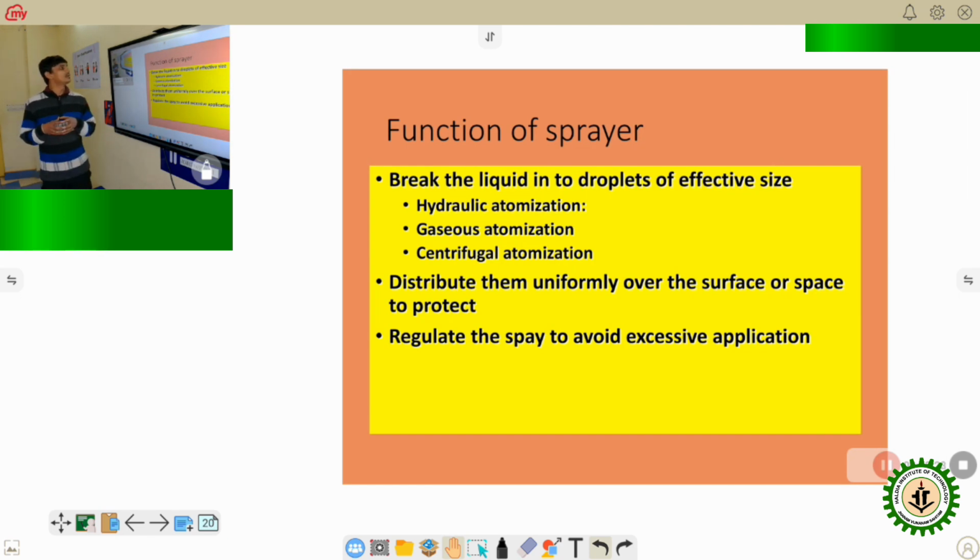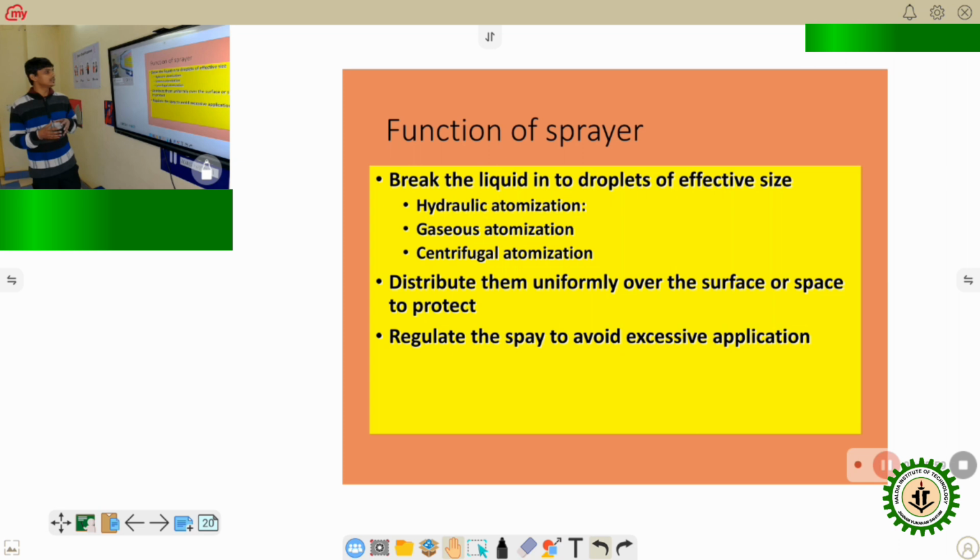The main function of the sprayer, we have already discussed, is that it is hydraulically atomized, gaseously atomized, and centrifugally atomized. Atomization is an important operation that makes the liquid into small fine droplets, which we use in the field over the crops, so that it is sprayed uniformly and controls the disease and the pest in a very effective manner.